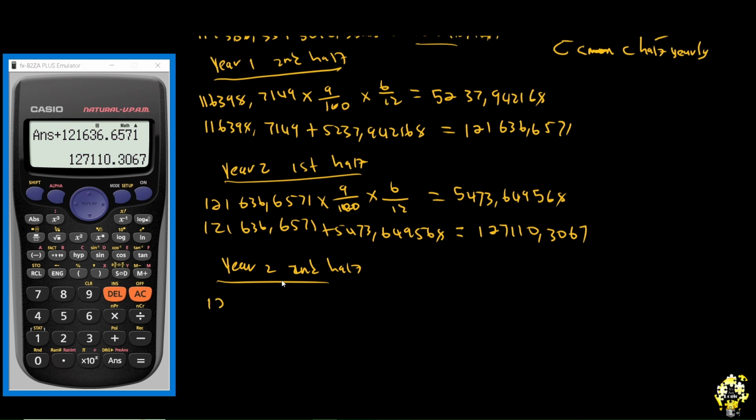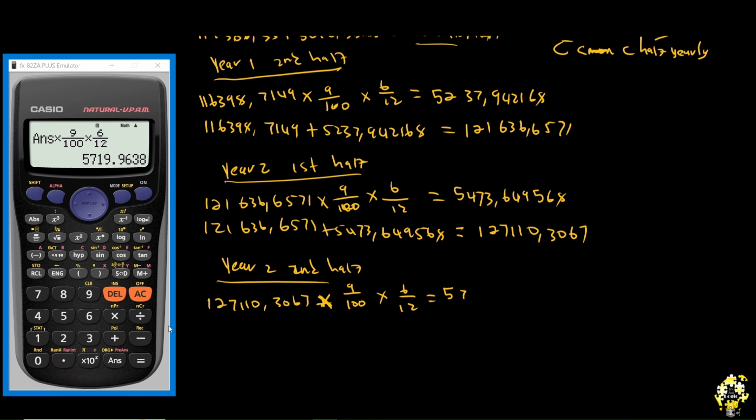So we are going to start with what we ended with on year 2 first half, which is 127,110.3067, and then we are going to multiply by 9 over 100 multiplied by 6 over 12. Since it's already here, we can simply say 9 over 100, and also 6 over 12.